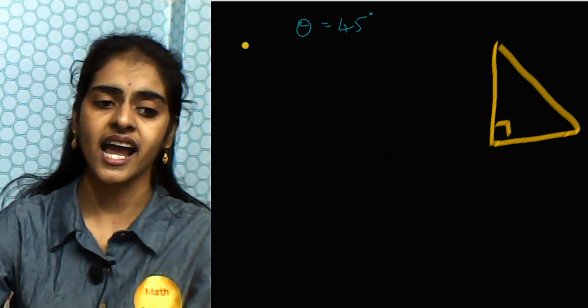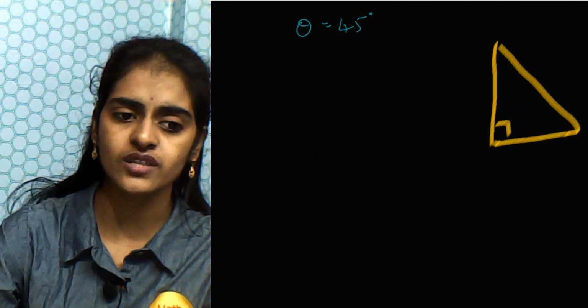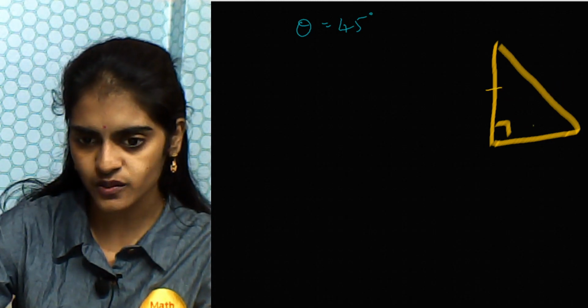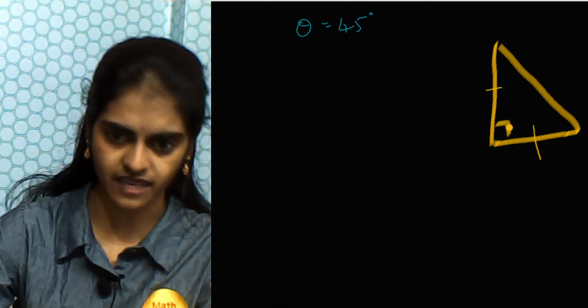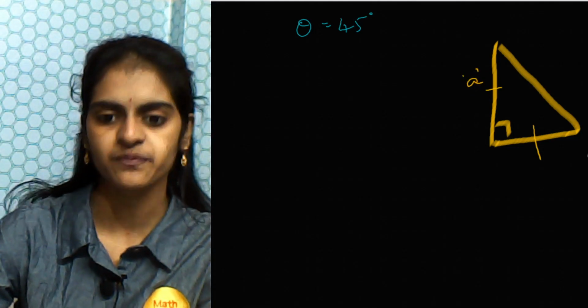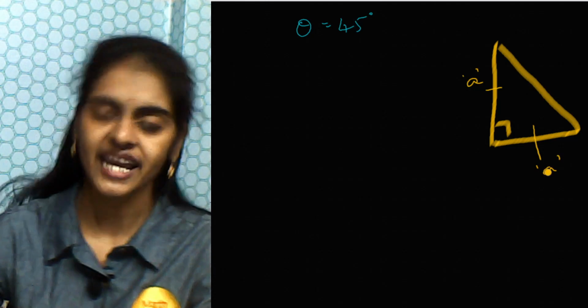I am taking a right angle isosceles triangle, which means these two sides are the same. Suppose I take this side as a units. So this side is also a units.